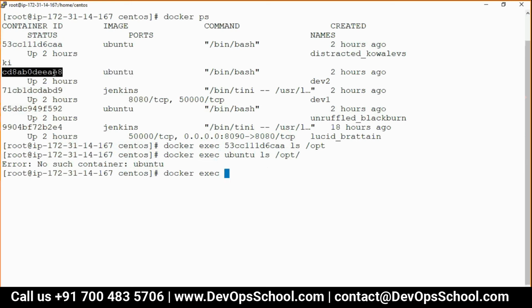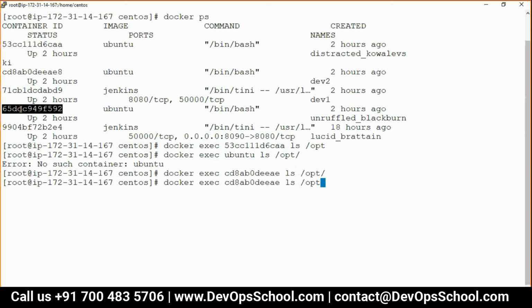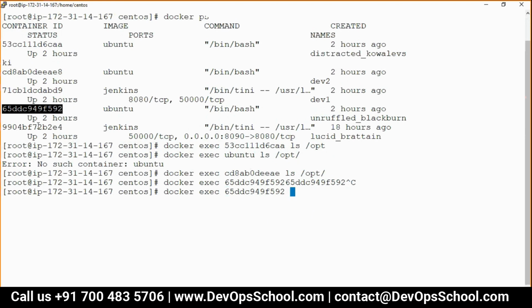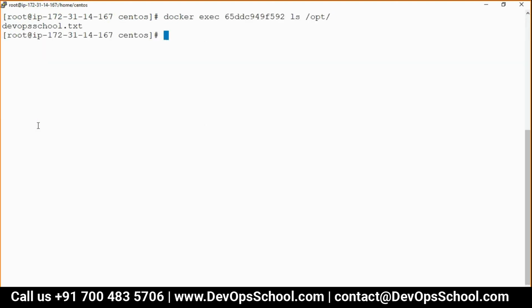Container ID, not image ID. Which container do I have? I think this one. Some file I had copied. Yeah, it's here. Okay, so you see here this container.